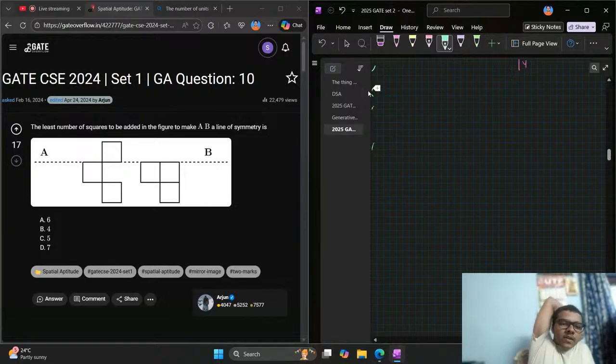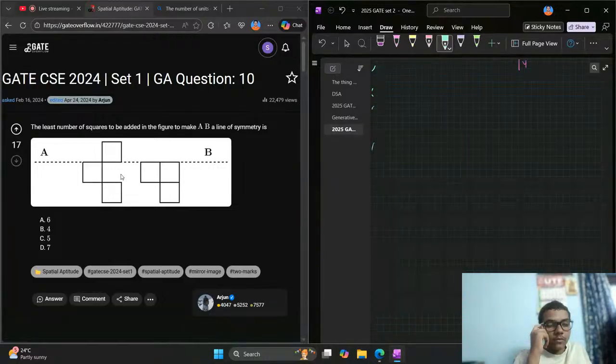The least number of squares to be added to make this figure symmetric. Oh wow, AB is the line of symmetry.